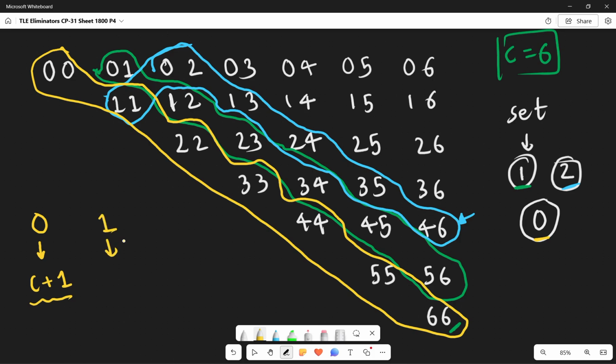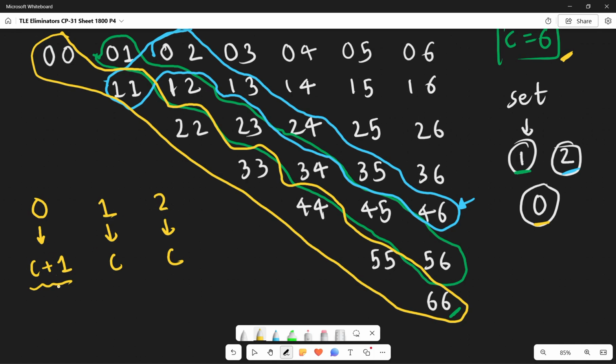For 1, I notice that I cannot take these 6 pairs, so for 1, I cannot take C pairs. For 2, I cannot take 1 2 3 4 5 6, C pairs, because here C is equal to 6.